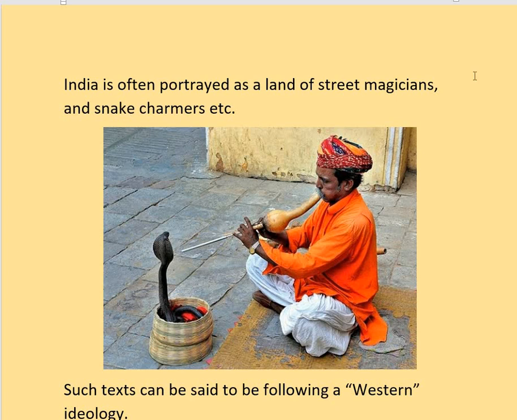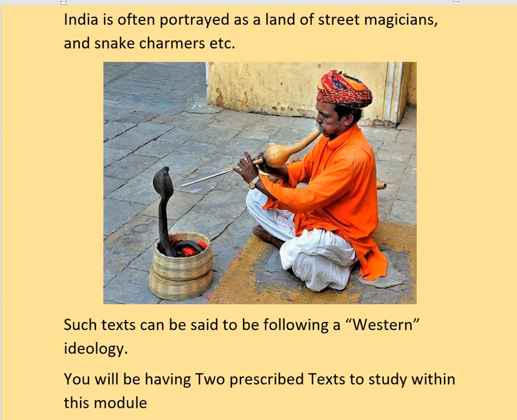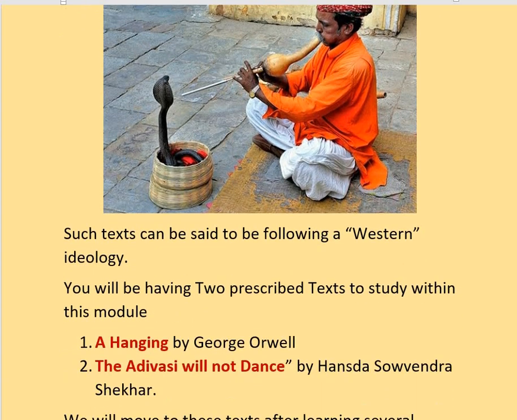India is often portrayed as a land of street magicians, snake charmers. Whenever India is shown, not cozy, comfortable visuals are shown, but visuals of poverty, etc. Such text can be said to be following a Western ideology.